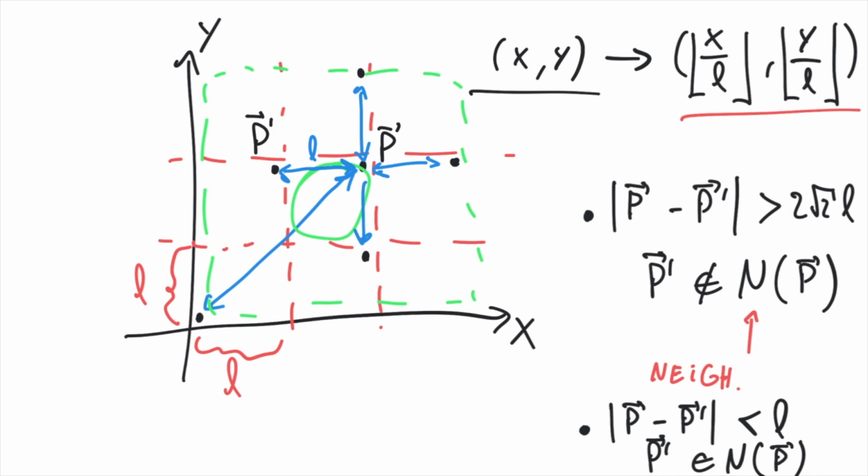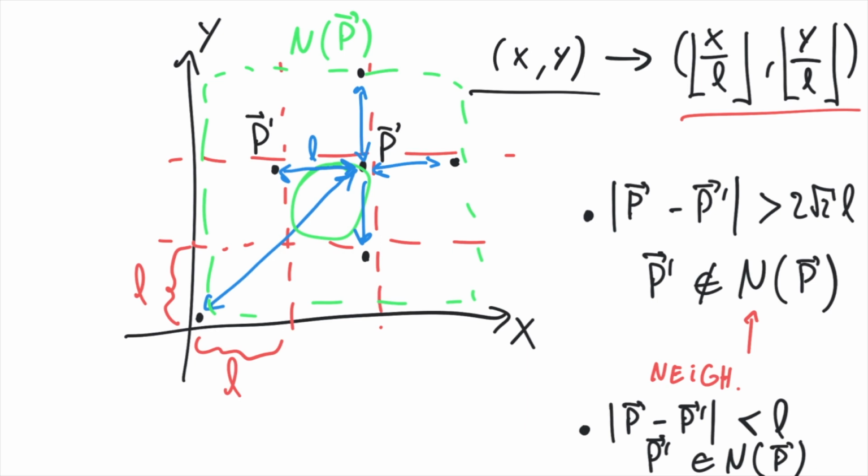So let me stress this concept. The neighborhood of a point is actually the neighborhood of the whole cell of that point, and it includes that cell and the 8 cells that are around it. So it's in total all the points in those 9 cells.